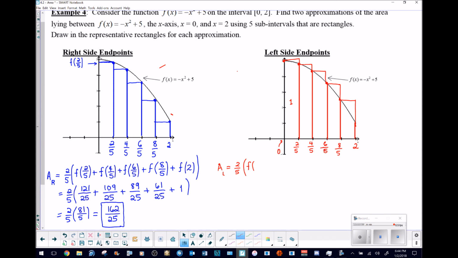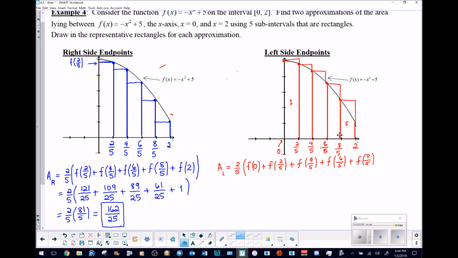And we will continue this same thought using the 2/5 and using the 4/5, the 6/5 and 8/5 as well. But as we move to the end of this shape, our 5th shape, we will not have to incorporate the 2 because the 8/5 served as the left endpoint. It's pretty much for the same reason why we did not have to incorporate f of 0 for the right endpoint.